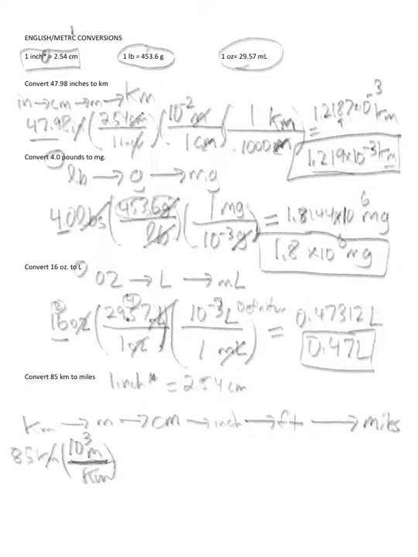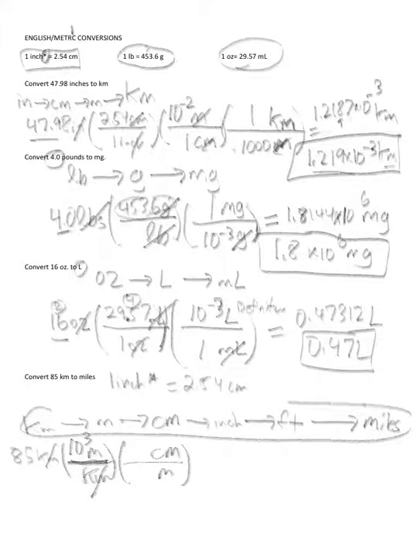So kilometers divided by kilometers. Now I've got meters that I'm going to take to centimeters using my little road map from up above. Centi is an SI prefix that means 10 to the minus 2. So that goes with the meters. Meters cancels. I've got centimeters.